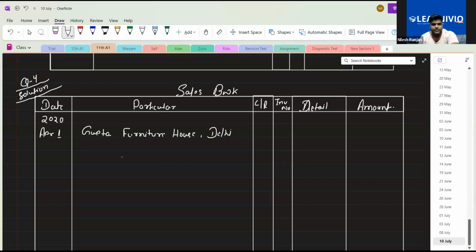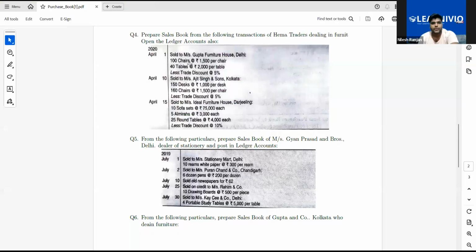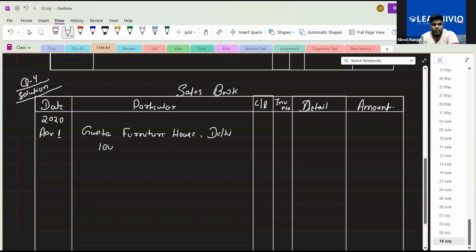The basic detail you have to write. Then 100 chairs at the rate 1500 per chair. So 100 chairs at the rate 1500 each. So in detail column, 1500 into 100, 1,50,000.